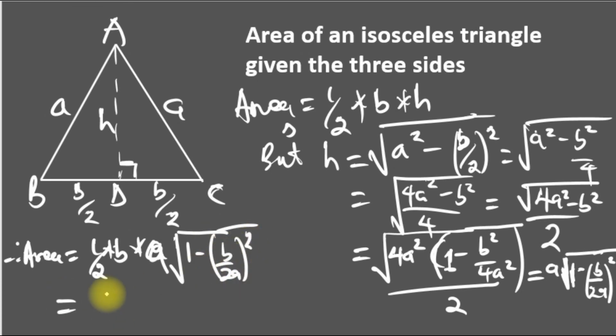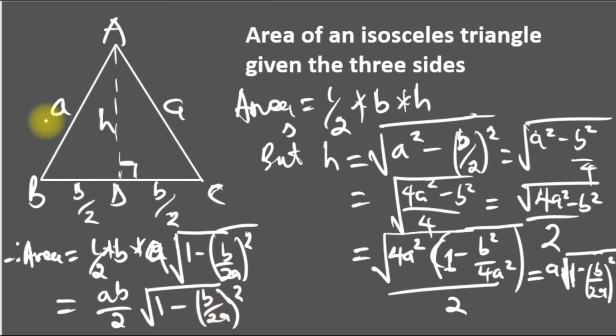So which is now AB over 2 square root of 1 minus (B over 2A) all squared. Remember, B is the one that is different from the other two sides. That's the non-congruent side, while A is the congruent side. So this is a formula for an isosceles triangle, given all the three sides.